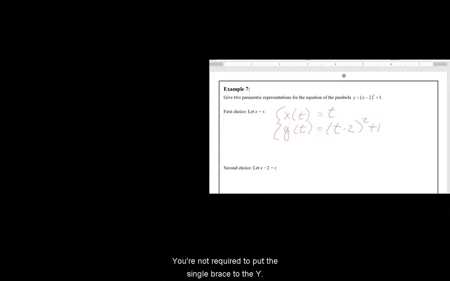You're not required to put the single brace to the left, but I like doing it to indicate that together the pair of equations x of t equals t and y of t equals the quantity t minus 2 squared plus 1, together they represent one parametric equation.